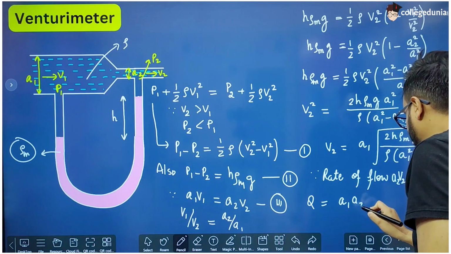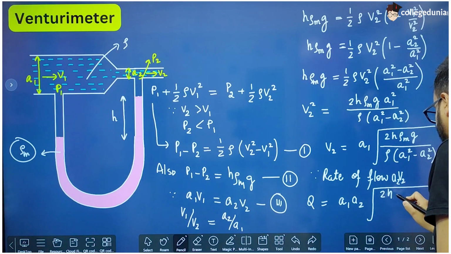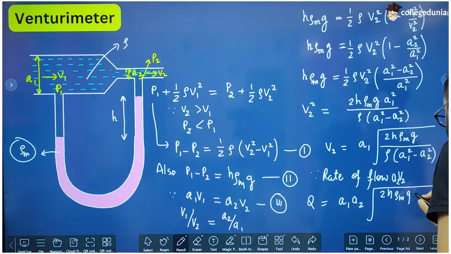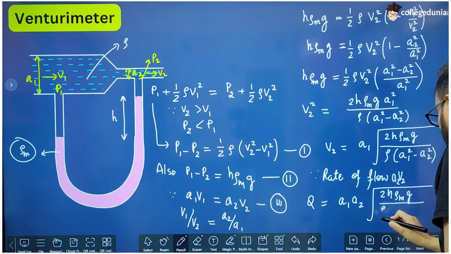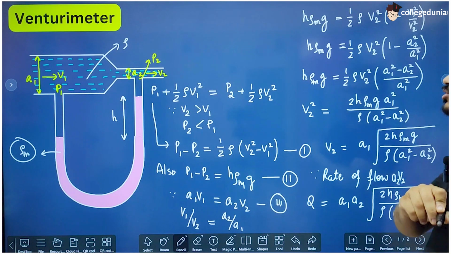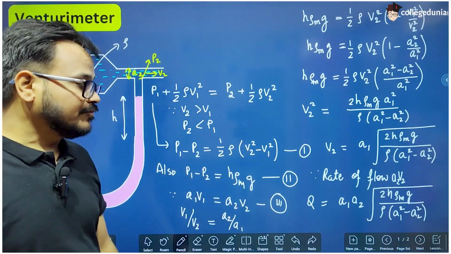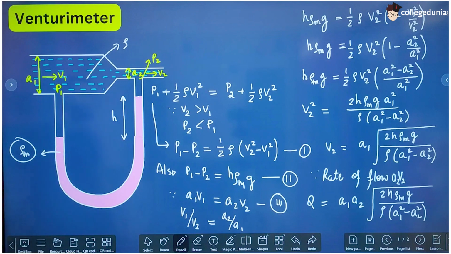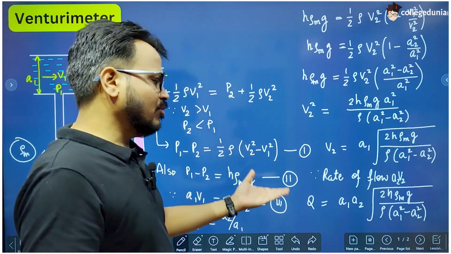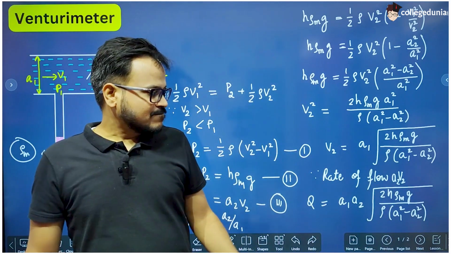So Q equals A1 into A2 under root 2 h rho m g divided by rho into A1 square minus A2 square, right? So this is the formula which is used in the Venturimeter to find the rate of flow of a fluid, and this formula can be used because all these values are known, right?